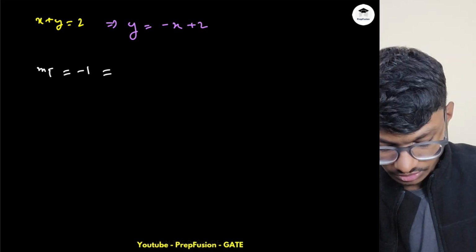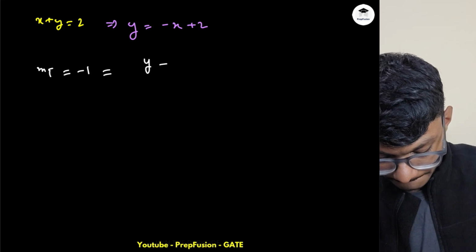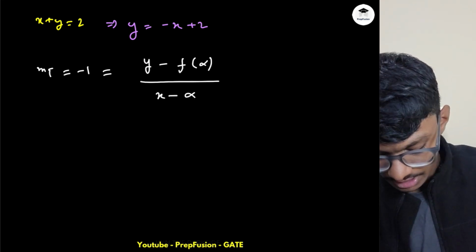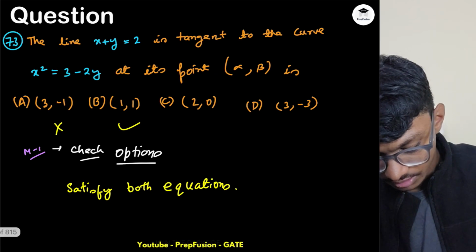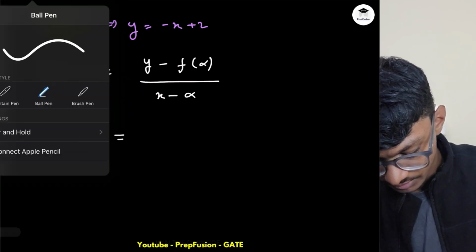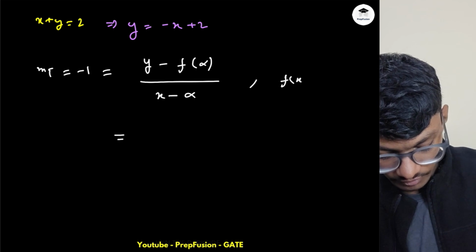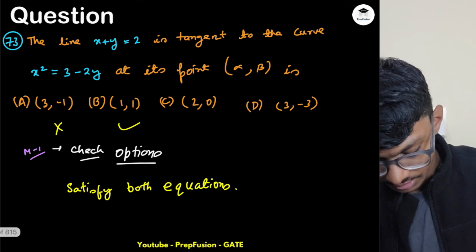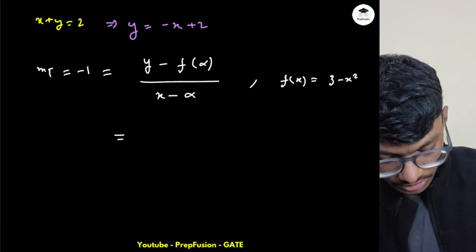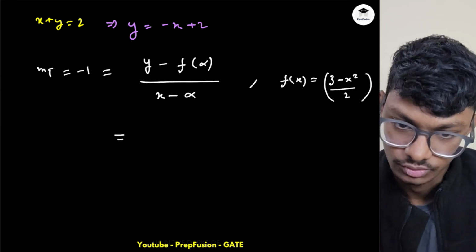And what is this equal to? This is simply y minus f of alpha divided by x minus alpha. What is f of alpha? So basically I can write what my y equals. f of x will be equal to, if I take this side and take this side, 3 minus x squared divided by 2.